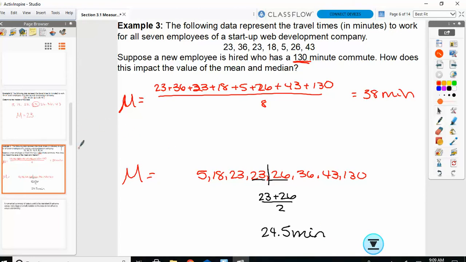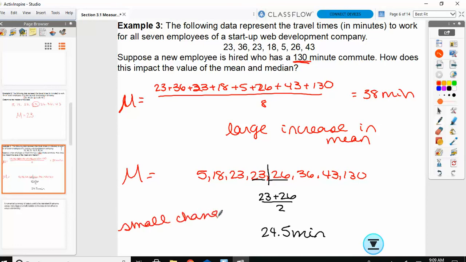No. So here's where it comes into talking about which one's better. We saw a large increase in the mean. But our median, we just had a small change.